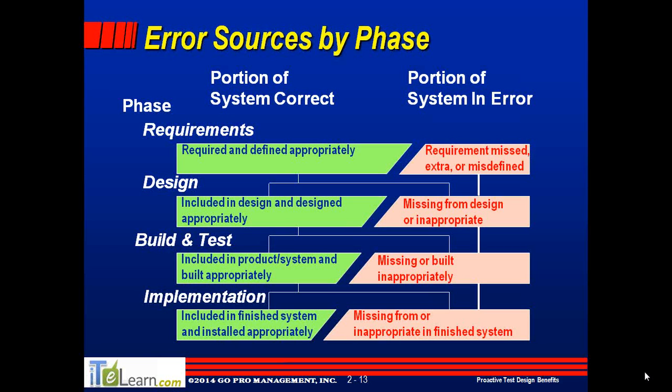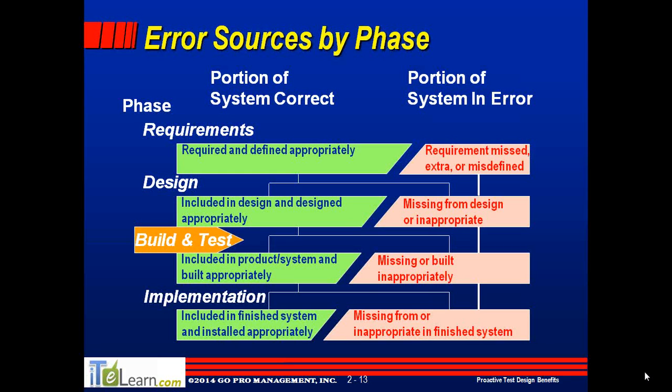Now, one of the ways that we correct this is through testing. Testing is primarily demonstrating that the design has been implemented in the product as designed. And there's a trap here, because developers are perfectly capable of implementing incorrect designs.